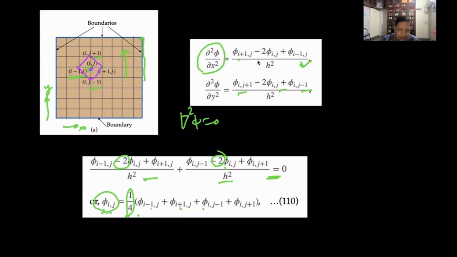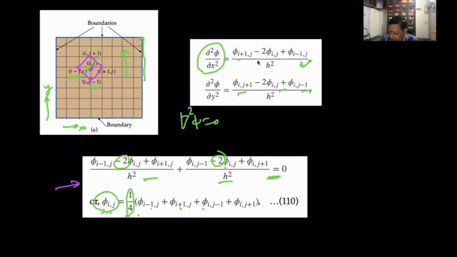In fact, this is the same as property 3, where I said the potential at the center of a disk equals the average of the potential over the disk. Here I discretize it, so the average will be over the 4 nearest neighbors. This just comes from the discretization of the equation.